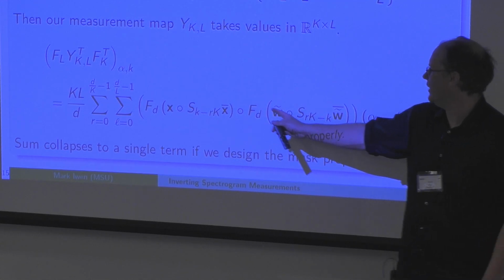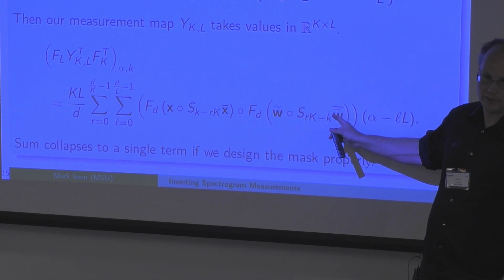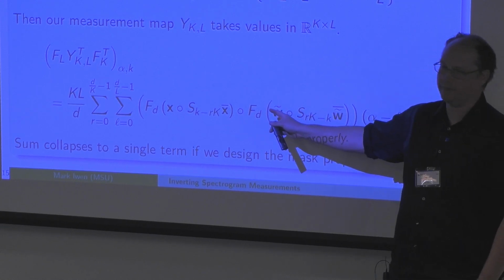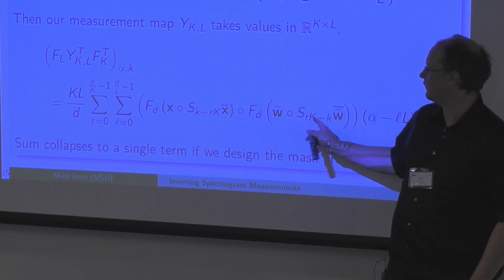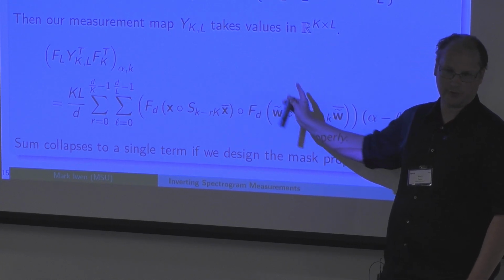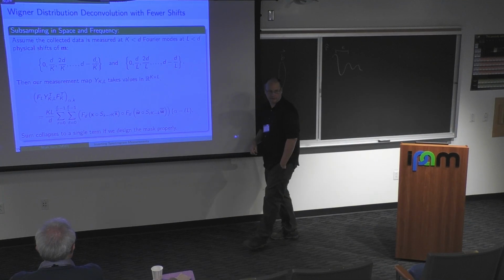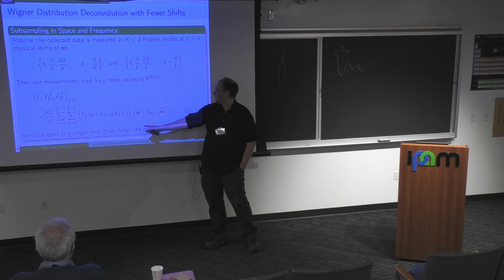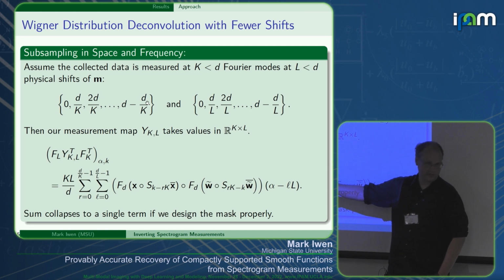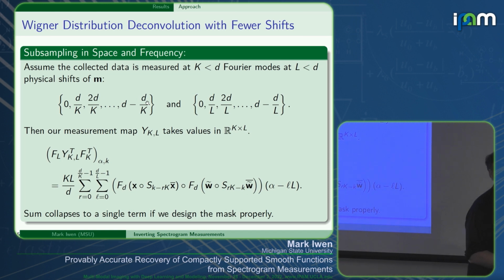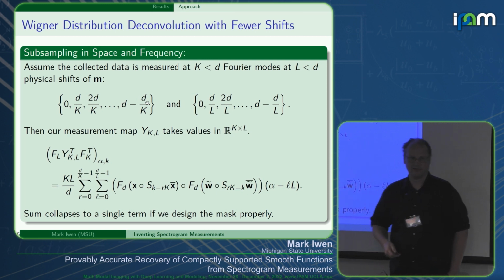In that case, if you have compact support in space, it could be the case that as soon as you shift this window, it's shifted out of the original support of W, and so you get a small number of shifts that actually contribute anything here. Almost all of these terms just disappear, and so using support conditions on W, you can get a dramatic simplification that you can then solve practically the same way as you did before. So you can use tricks of that nature to make this system much easier to analyze.